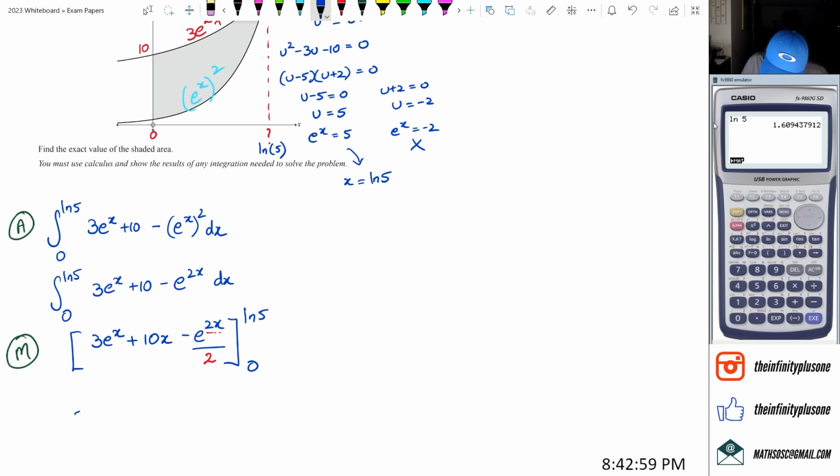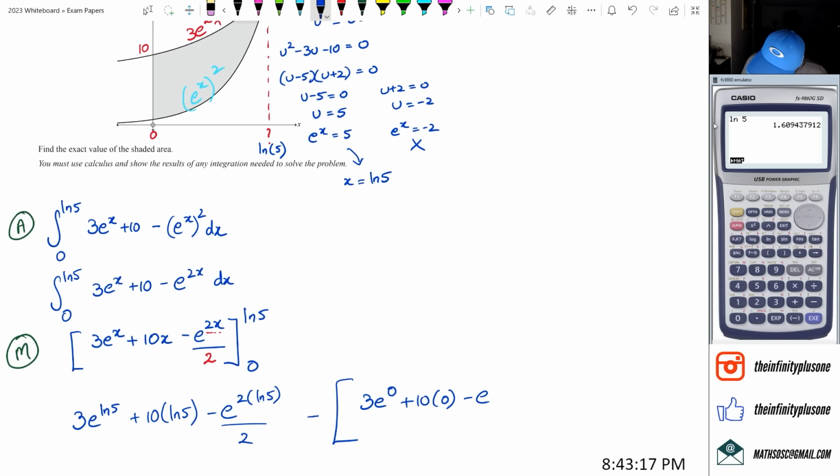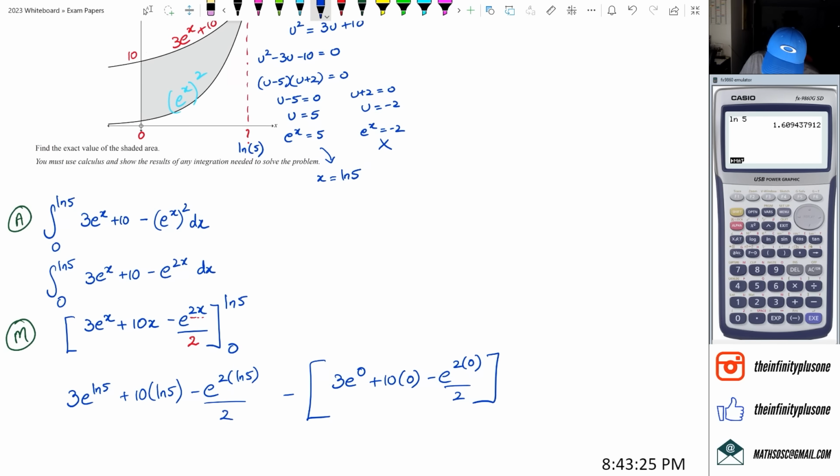So I'm going to go 3e to the power of ln of 5 plus 10 times ln of 5 minus e to the power of 2 times ln of 5 divided by 2, and the whole thing minus 3e^0 plus 10 times 0 minus e to the power of 2 times 0 over 2. And of course, I'm not actually going to solve this. It's just going to take too long to put this all in a calculator.